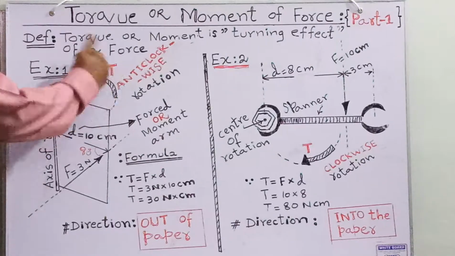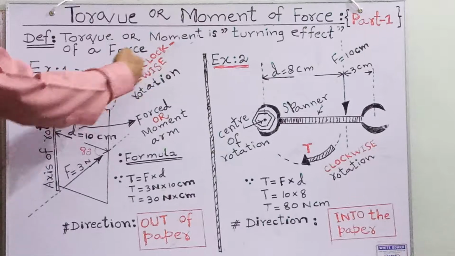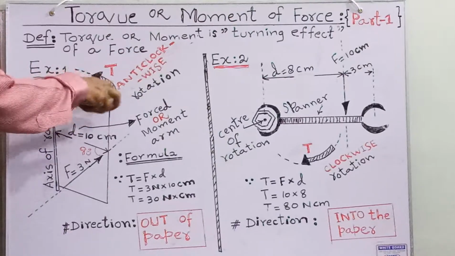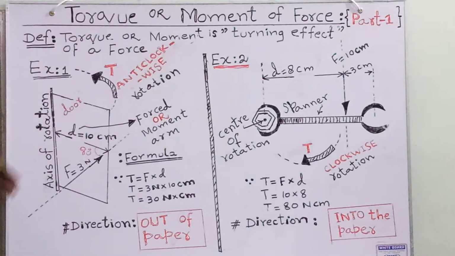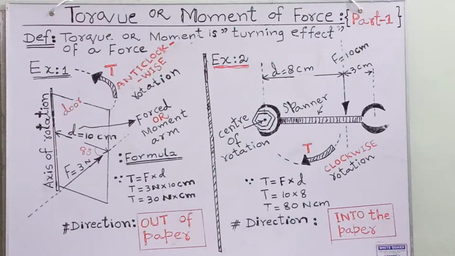The direction of rotation is anti-clockwise, the body is turning in the anti-clockwise direction. Now we are going to find the magnitude of torque, or the moment of force, produced by this force.